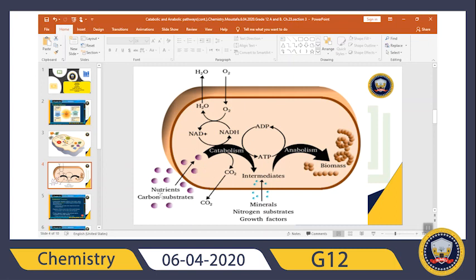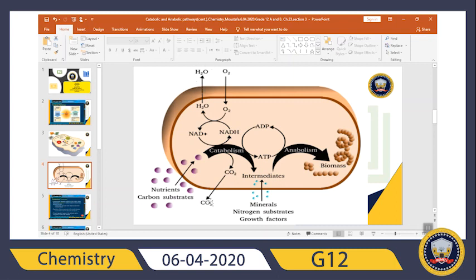As you see here, the nutrients, glucose, fatty acids, and amino acids, pass to the catabolic process, and this catabolic process produces ATP and NADH. So the main energy components in this catabolic pathway are NADH and ATP. We have two main products, which are CO2 and H2O.